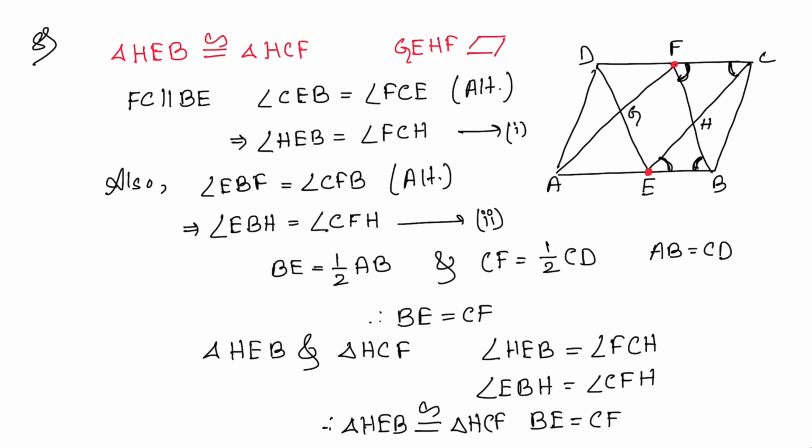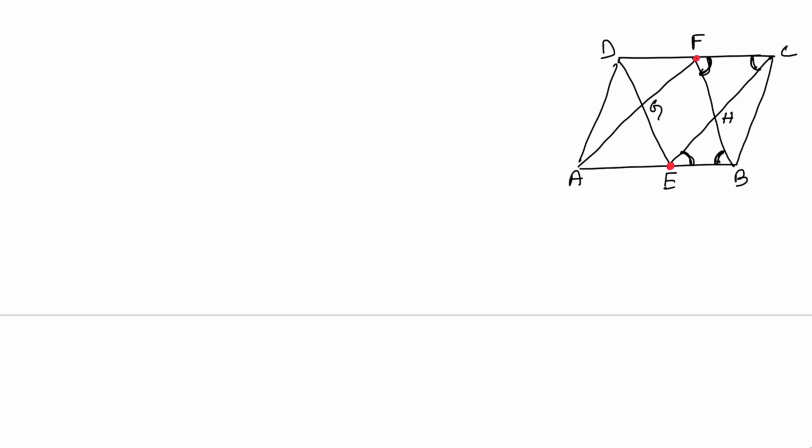Now the next part here, E and F are the midpoints of AB and CD. That means here you can write down AE equal to CF. Clear? As AB equal to CD. Now AE is parallel to CF because it's given.